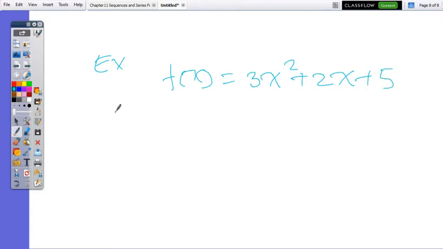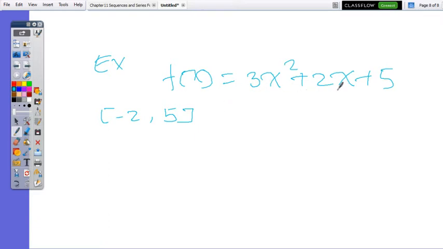And let's say that the interval is from negative 2 to 5. And now let's find the instantaneous rate of change in between those two points.